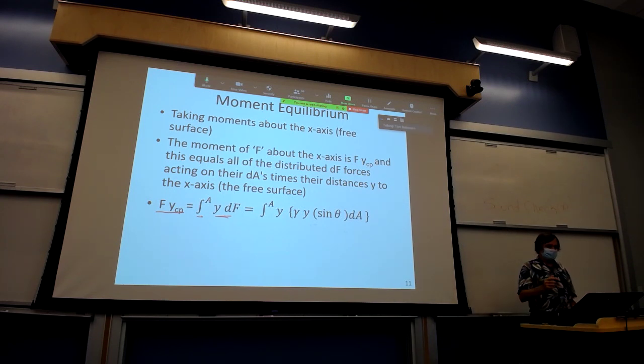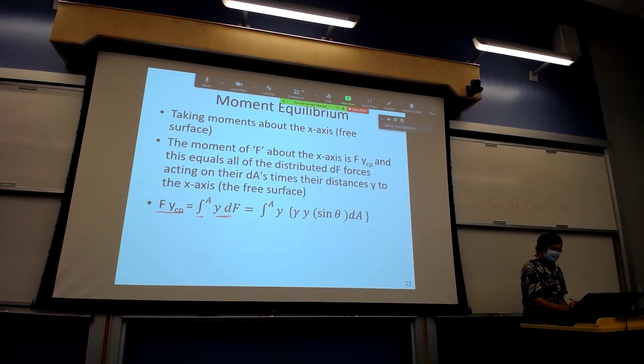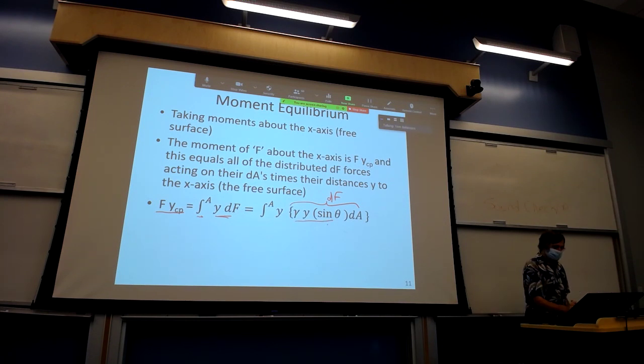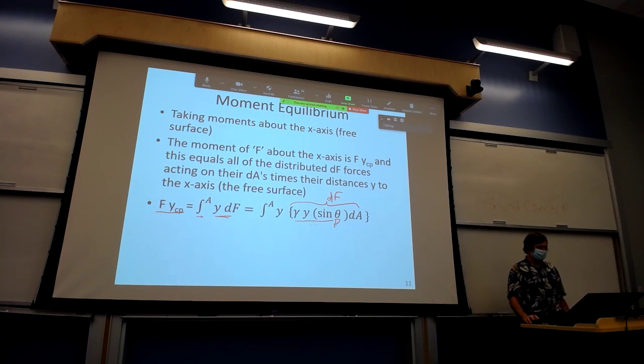And again, from before, when we looked at just calculating the force, dF is gamma y sine theta dA, where gamma y sine theta is the pressure acting on that little surface dA. So dF is p dA, all what we said before.